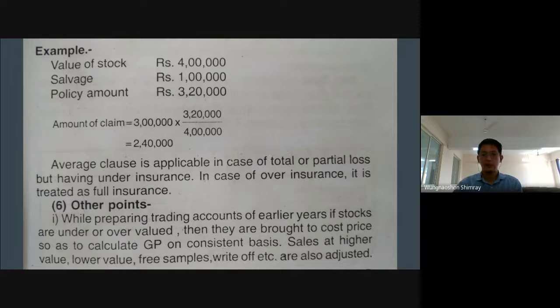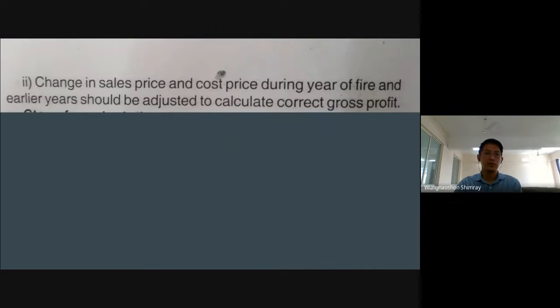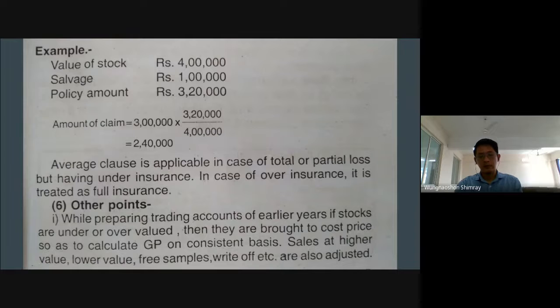Even the sales at higher or lower value are also adjusted, and free samples, write-off, etc. are also adjusted. And so change in sale price and cost price during the year of fire and earlier also should be adjusted to calculate correct gross profit. The final point is to make sure that everything is adjusted so that you have a consistent gross profit, and everything is valued at cost price.